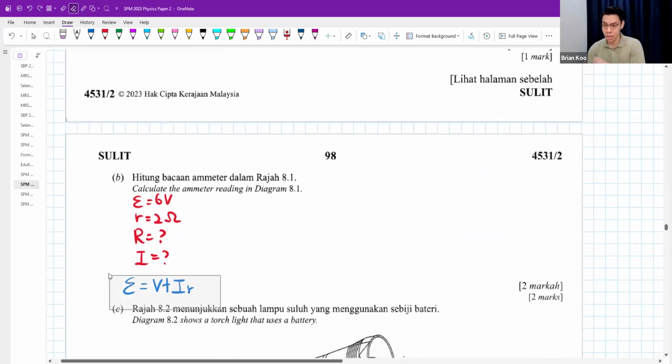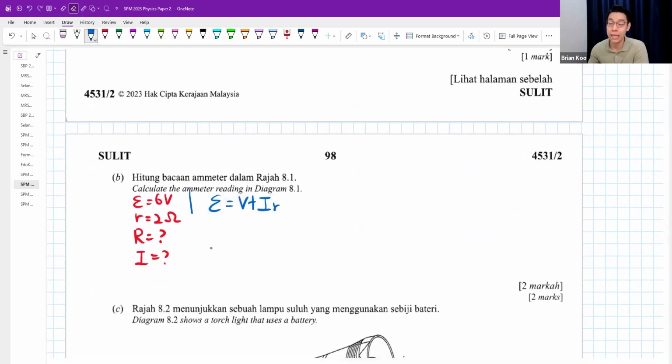Okay, so I move my information downwards. But then you will notice that you do not have the big letter V. But no issue, because big letter V is also the same thing as V equals IR. So you can go and replace it with IR plus Ir.